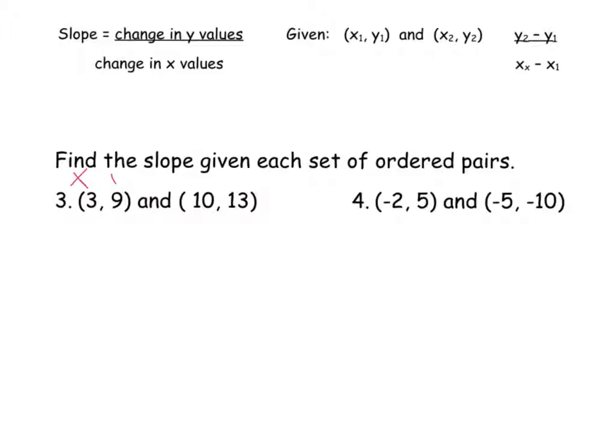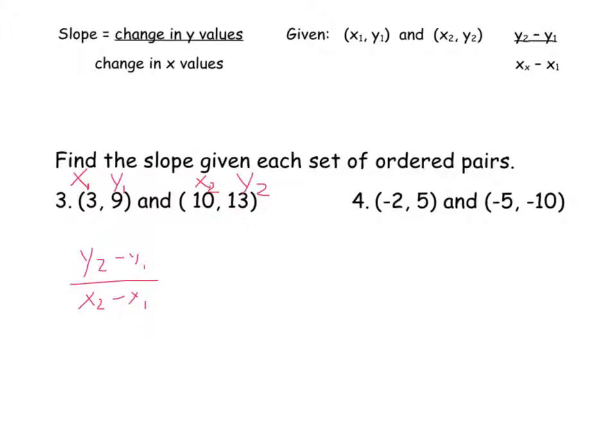So here is an x and a y. Remember the x is always the first one, x and y. This is my first point, this is my second point, because then after that you're just taking the number and slamming it into the slope formula. So y sub 2 minus y sub 1 over x sub 2 minus x sub 1.